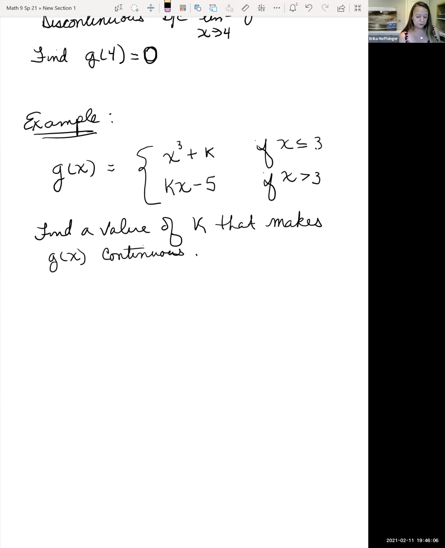Okay, so k is just a constant. It's just some number. I'm trying to figure out what that is.